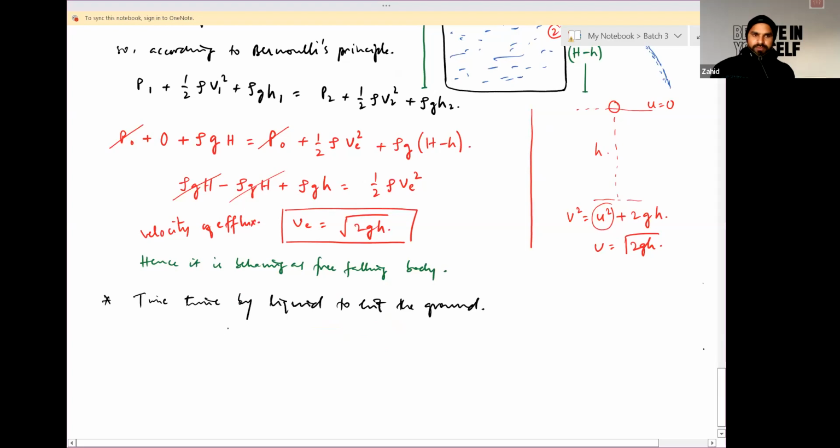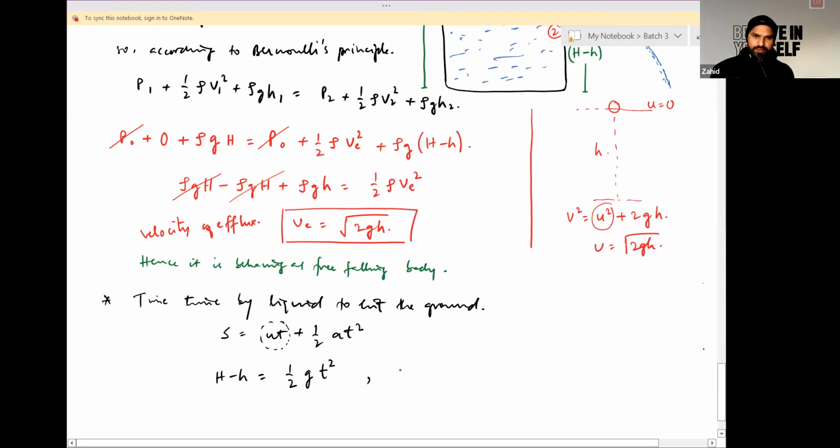According to the second equation of motion, S equals ut plus half a t squared. There is no vertical component of velocity initially, so it will be 0. S is H minus h. Half acceleration is due to gravity g, and time taken is t squared.